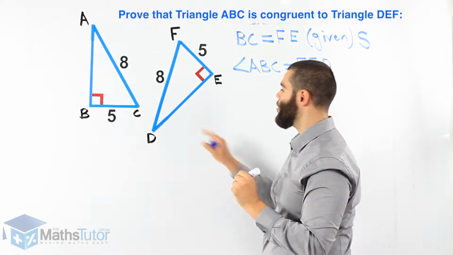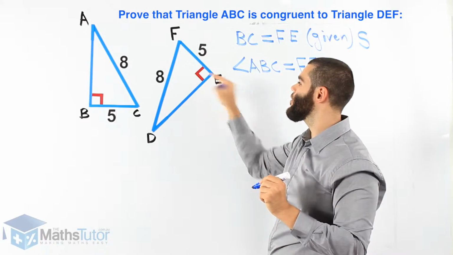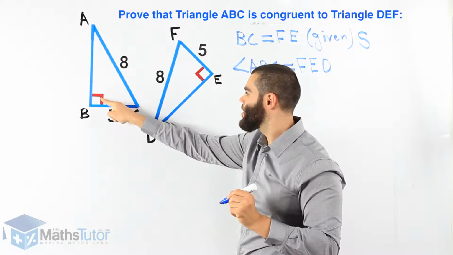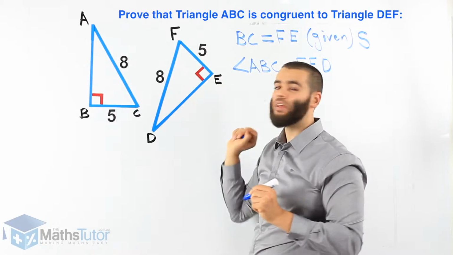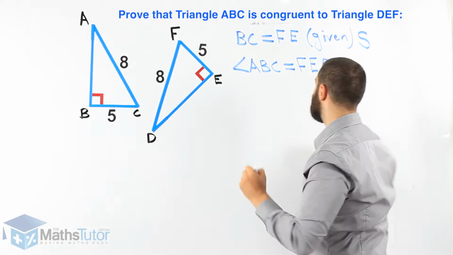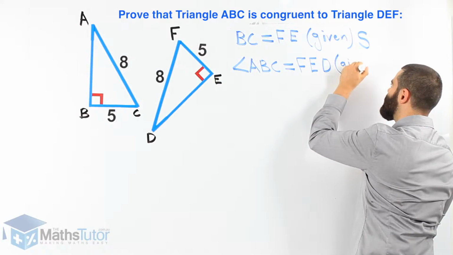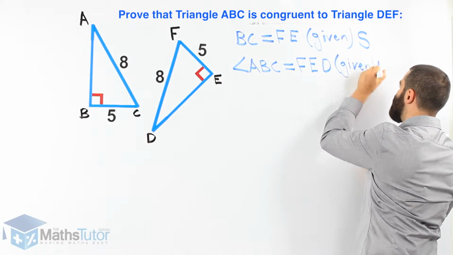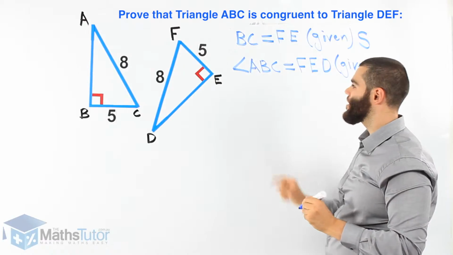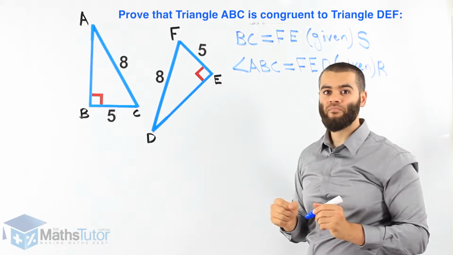Angle FED or angle DEF, same thing, we're referring to the right angle. This right angle in this triangle is equal to that right angle in that triangle. So again, it is given information. They have given us this information, so we write given, and I'm going to write R because it is the right angle we're looking at.